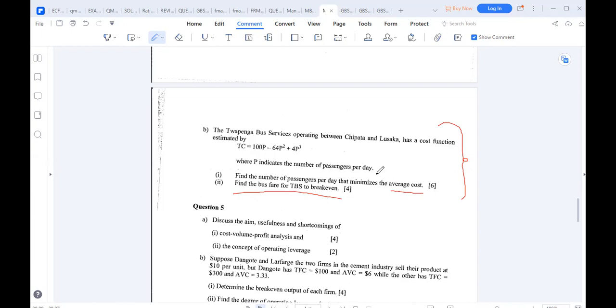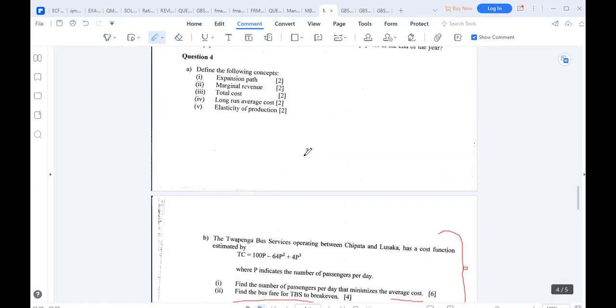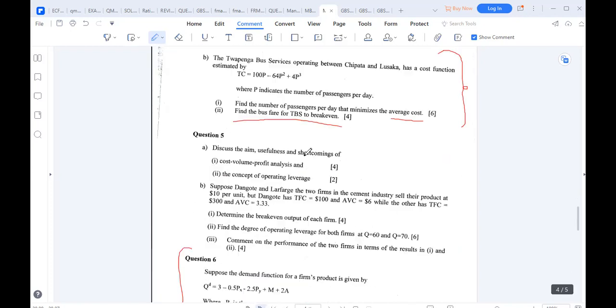Fixed cost divided by selling price minus the variable cost. Fixed cost divided by selling price minus... there's a function that is missing here that needs to be there. I think I can't see it.